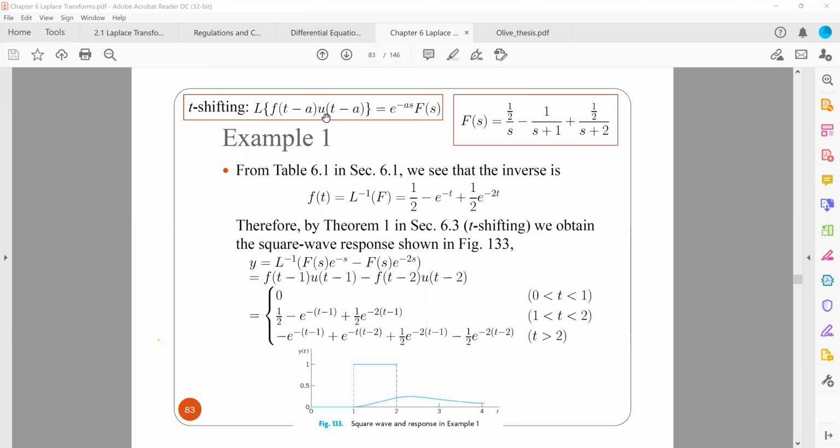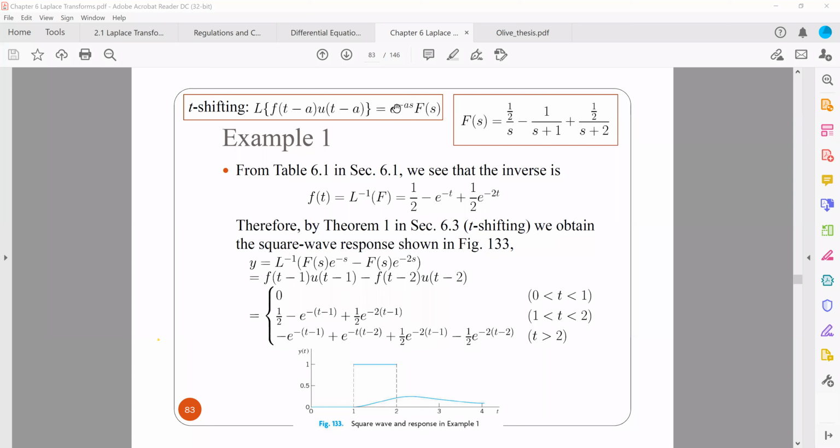No, because this t-shifting only works if there are no powers. It only works for this when it's like this. So there are no powers. For you to use this, the shifted f(t minus a) u(t minus a) should equal e to the minus as F(s), because the reason we are bringing in this f(t) is because here we have F(s) times e to the minus s.